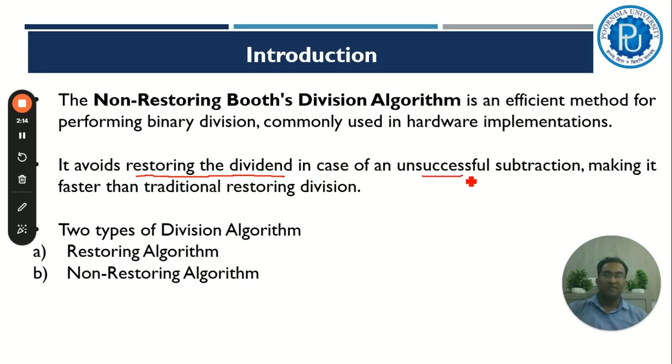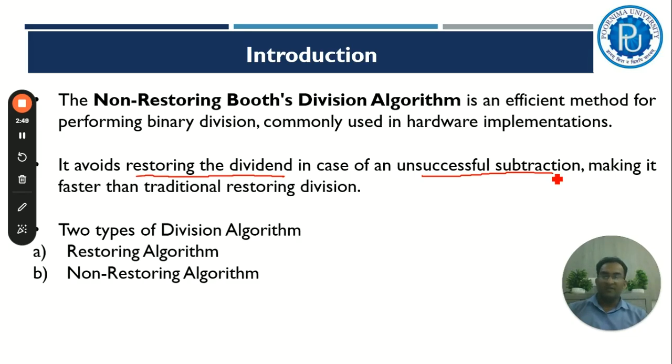We have seen in the restoring method, whenever there is an unsuccessful attempt, that means when we are subtracting the M from the accumulator, that is divisor from the accumulator, if the accumulator is having a negative value, then we have to restore back the value of the accumulator. So this algorithm makes it faster than the traditional restoring division method, because in this there is no restoring process.